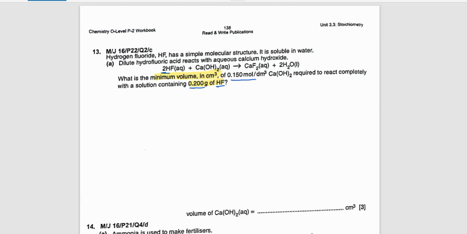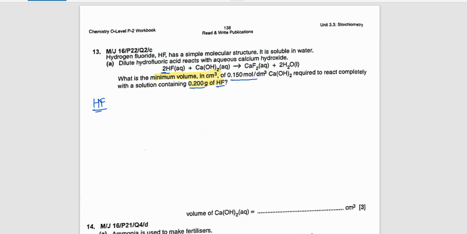The concentration of calcium hydroxide has been given. Number of moles we can calculate from the HF to this number of moles. Then we'll find its volume. Now let me start with the HF. We have no concern with the product. We are using the reactants to compare with the reactants.